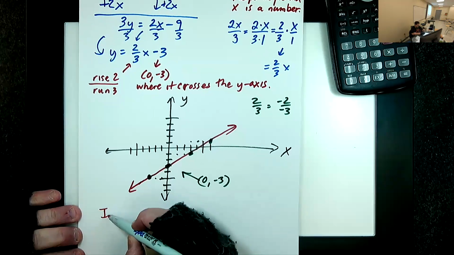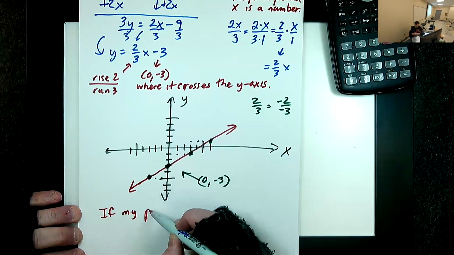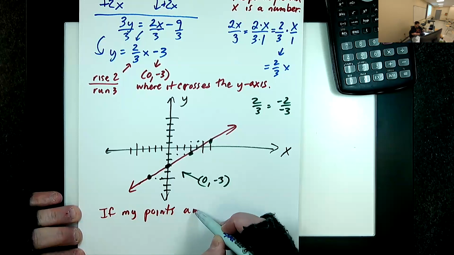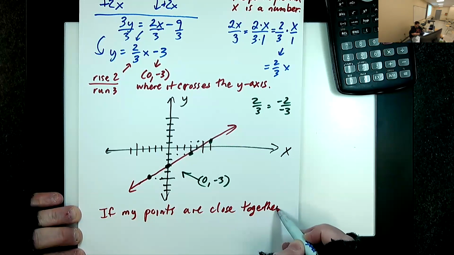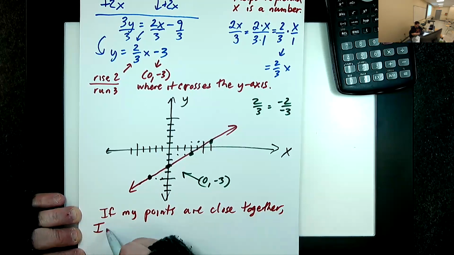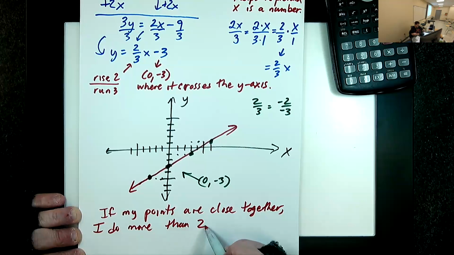If my points are close together, I tend to do more than 2. It makes it easier to draw a straight line.